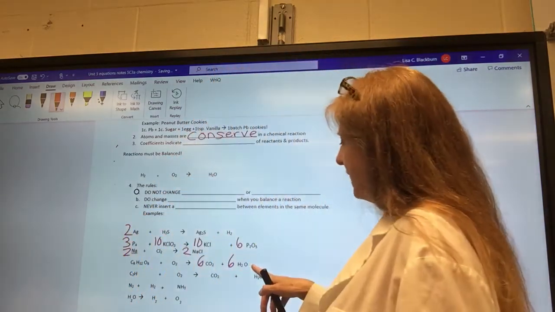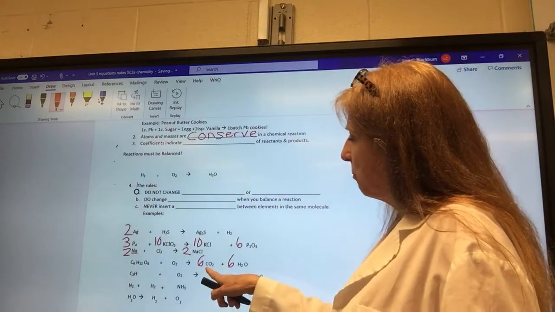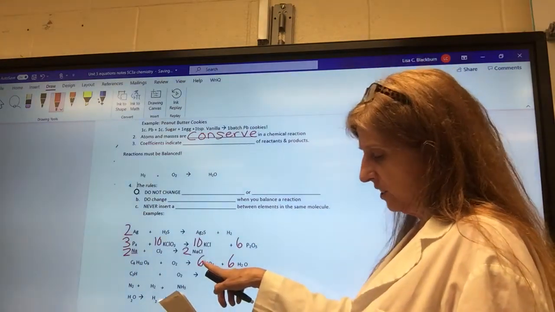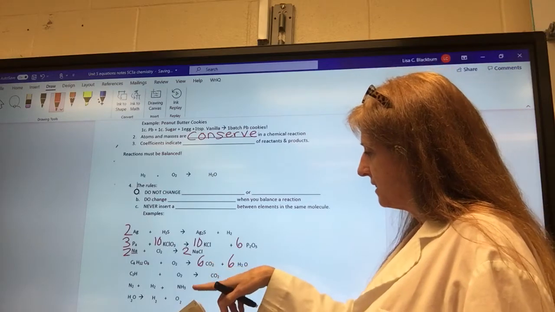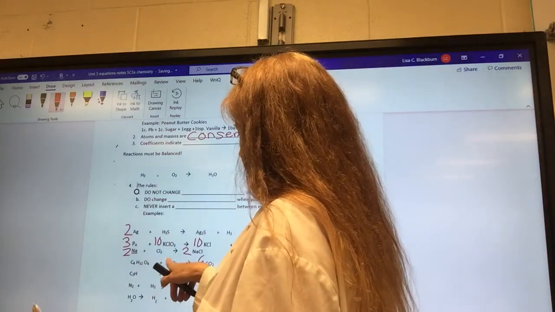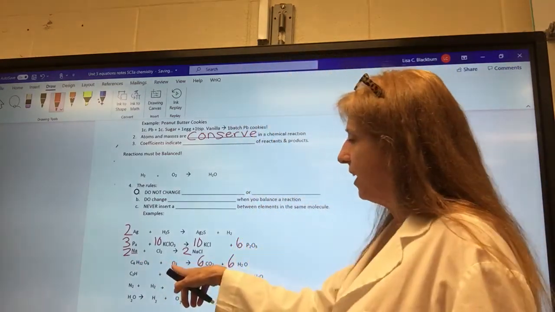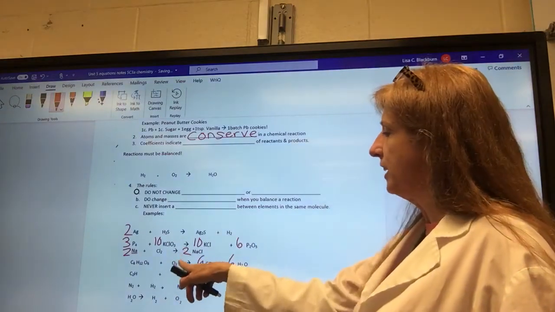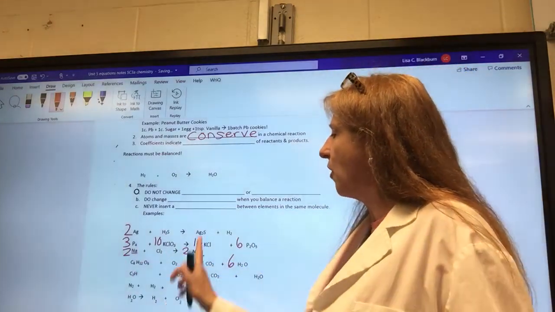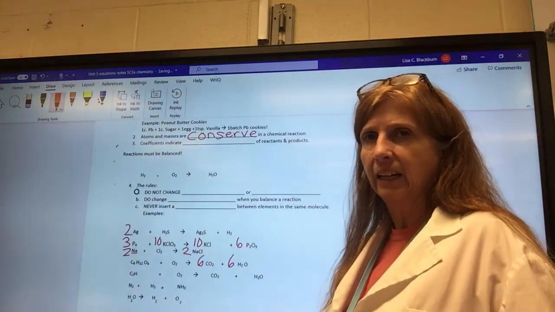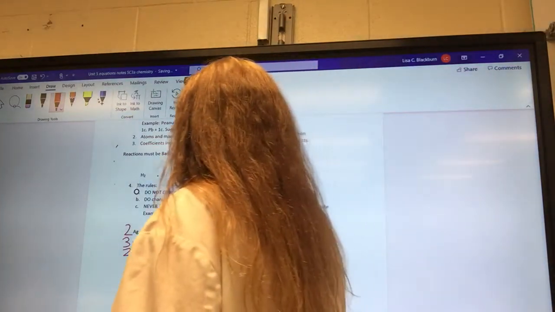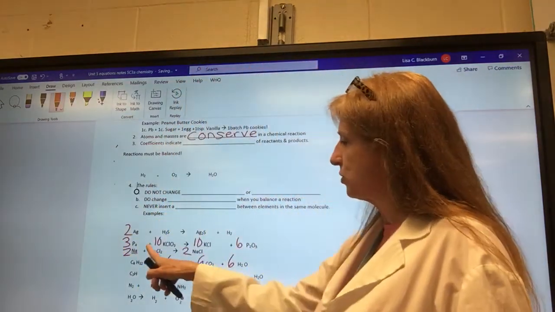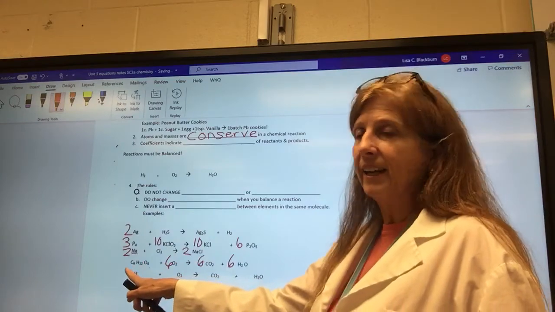Now I have 6 oxygens plus 12 oxygens is 18, and I have 6, and here I have 2 oxygens, so what do I need to multiply this by so that the whole thing will be 18? 6, somebody said it. So 6 times 2 is 12 plus 6 is 18.